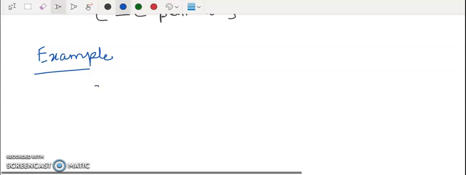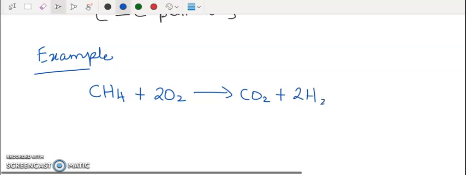So the equation which they have given us is CH4 plus 2O2 gives carbon dioxide and water. So now let's show these as they are in bonds. So in order to draw a bond, we know there is one carbon.